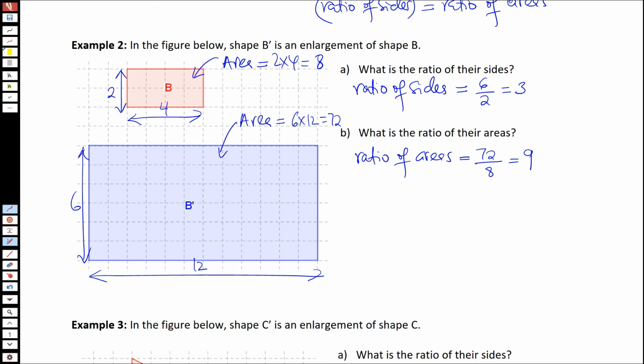And again, if you look at these two, you can notice that the ratio of the sides squared will be equal to the ratio of the areas.